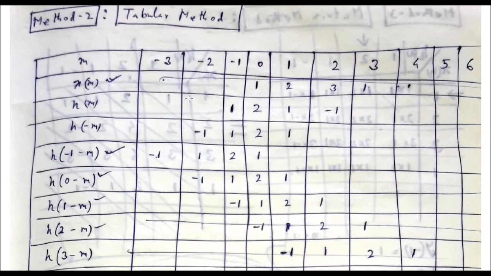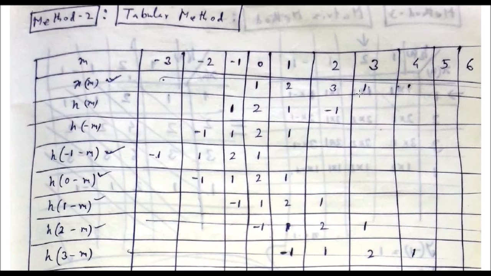All other columns other than the signal values are considered 0. So this column multiplied by this column will be 0. This column multiplied by this column, 0. This column multiplied by this column, 0. This column multiplied by this one, 1 multiplied by 1, 1. Only one overlap is there. All other columns are 0 here, and multiplying 2 by 0, it will be 0.